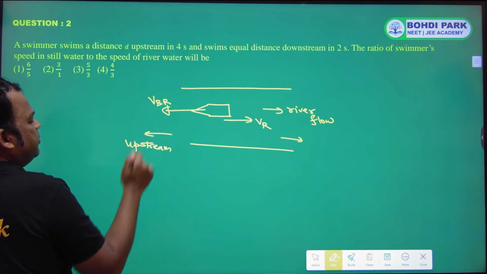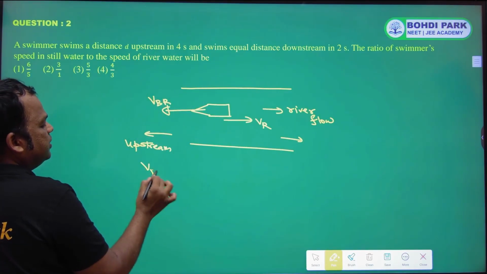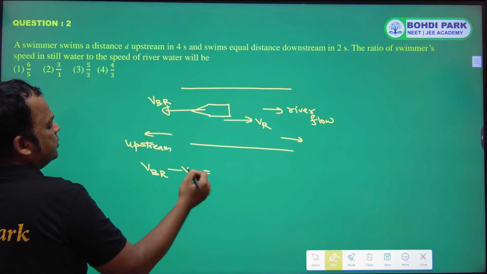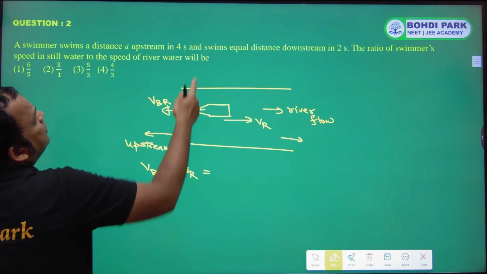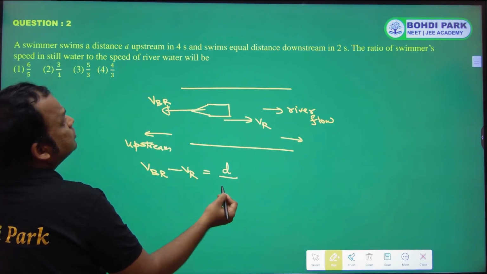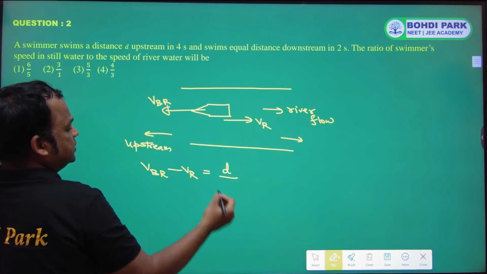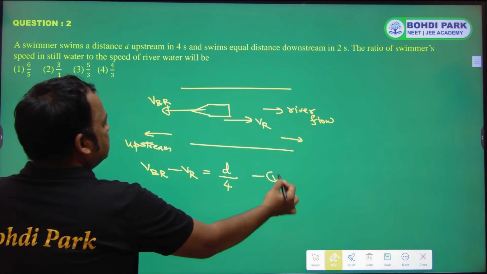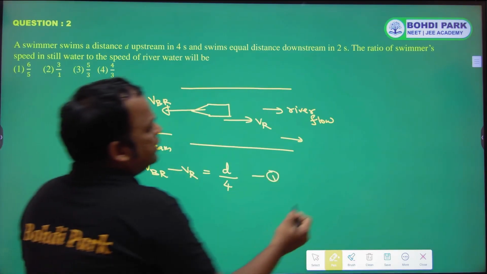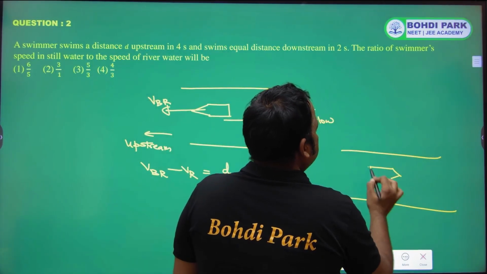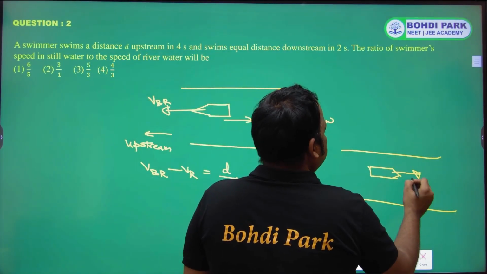So the resultant velocity, VBR minus VR, this is the net velocity, is equal to distance d by time taken. Time taken is 4 seconds. So this is the first equation. Now in the second case, which is downstream, the boat is pointing along the river flow.